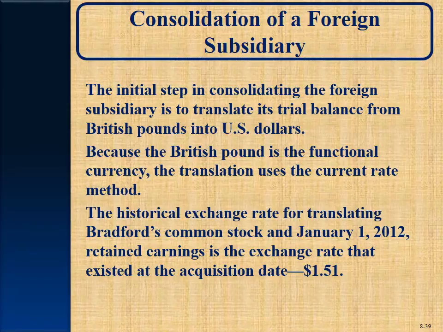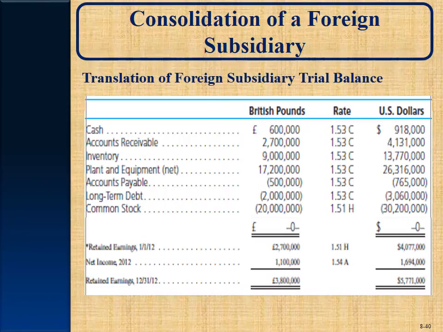So that's why you see that happening on the bottom of page 391. So we're going to translate on December 31st, 2013, the assets, liabilities, as you can see there, and common stock. Now, we're going to do that at the current rate, except for the common stock, which will use the historical rate.